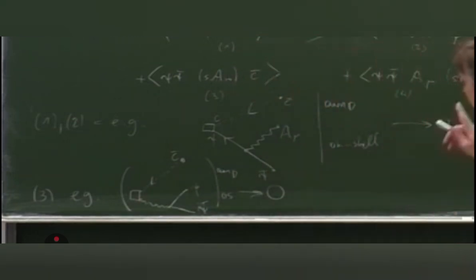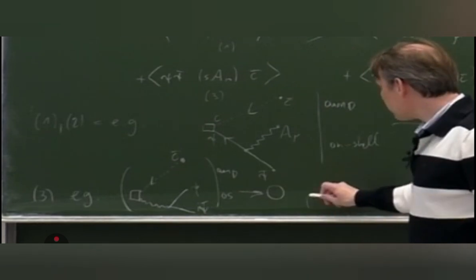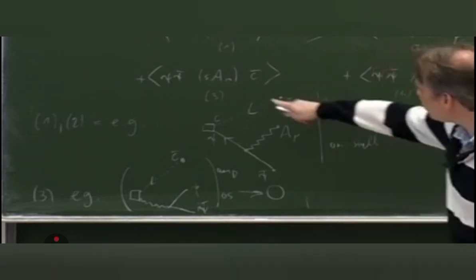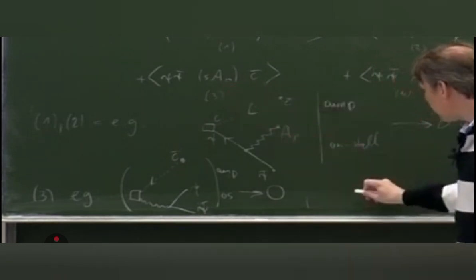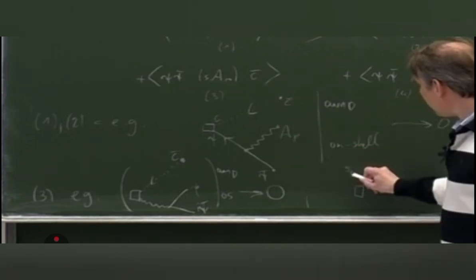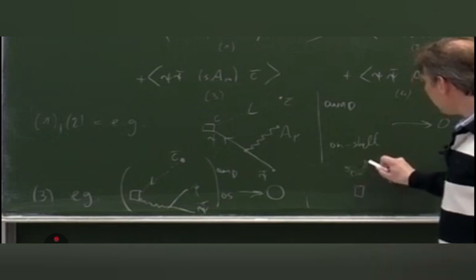But there is now the diagram corresponding to the linear BRST transformation, which is as follows. Here we have the linear BRST transformation of A mu, which is equal to d mu c.